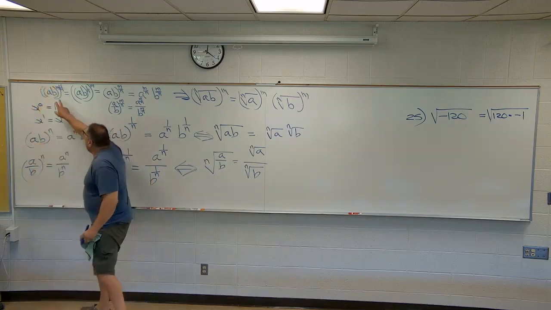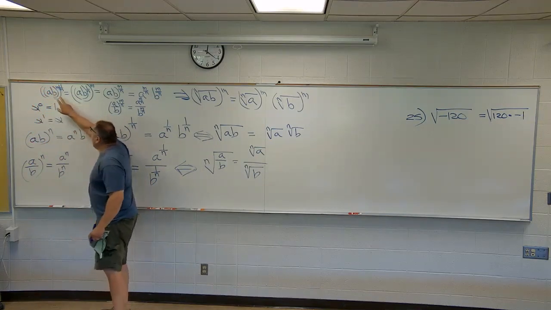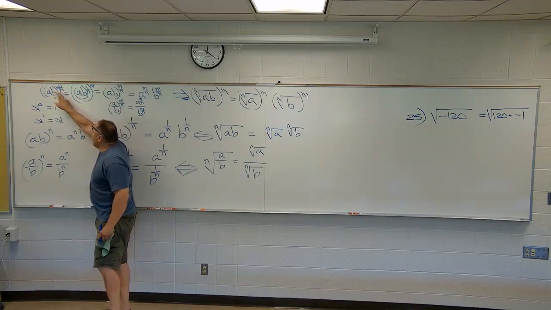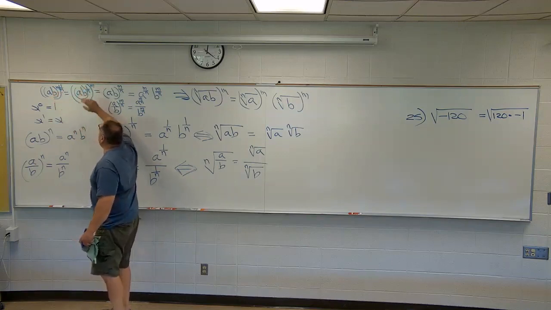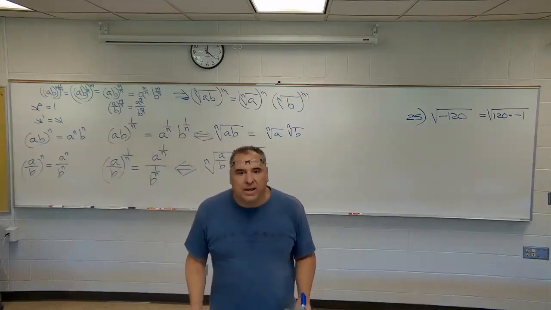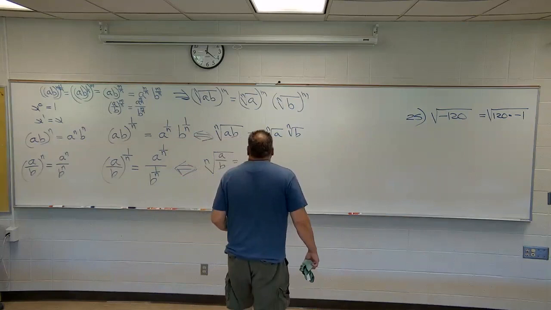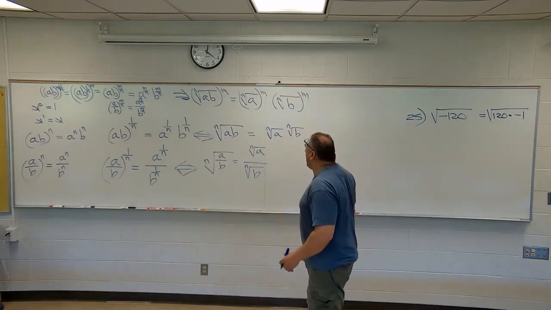Here's m, here's 1 over n, here's 1 over n, here's m. It doesn't matter. You saw me do that. I did it with x, but I can do it with anything. Basically, this stuff can all be broken out.